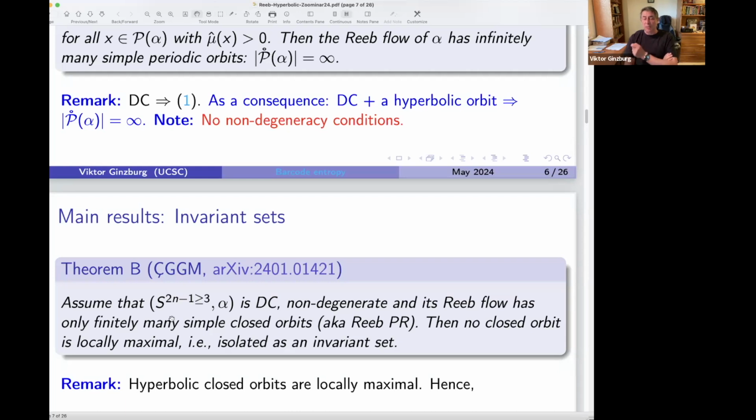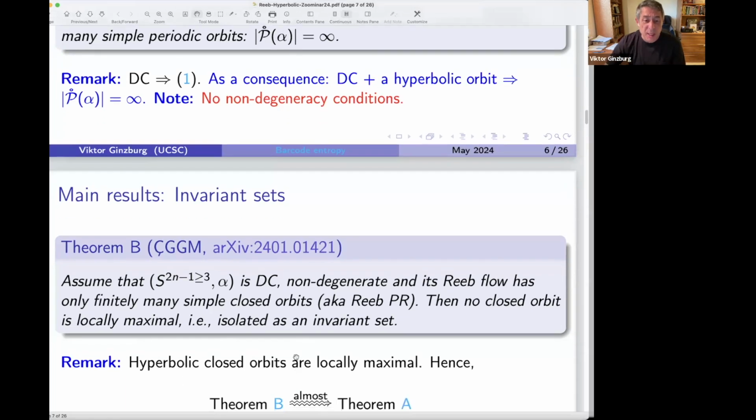An arbitrarily small neighborhood of any orbit will contain some other invariant set. So this is a Reeb analog of the second result. One should think of it as a non-degenerate version of the Le Calvez-Yoccoz theorem for Reeb flows.